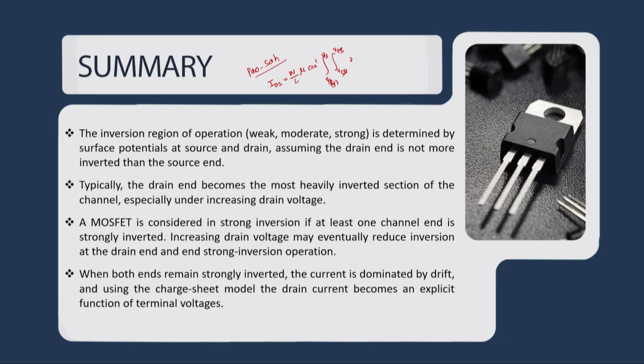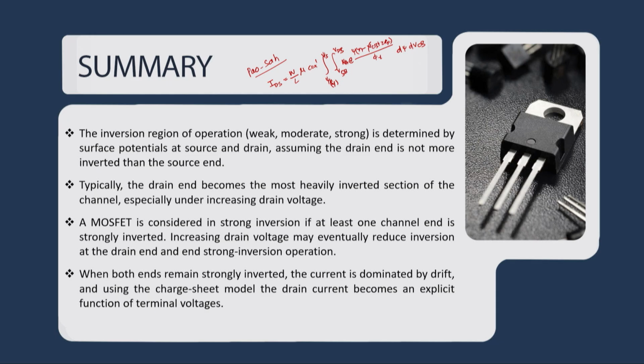We have written it as e to the power of psi y minus VCB plus 2 phi f divided by phi t, into d psi into dVCB.